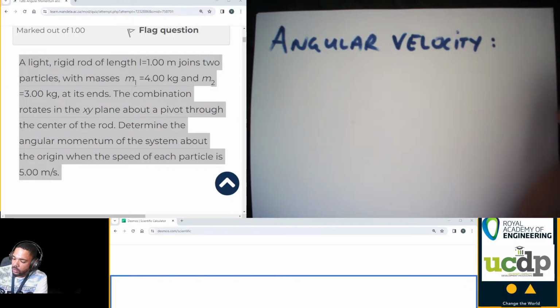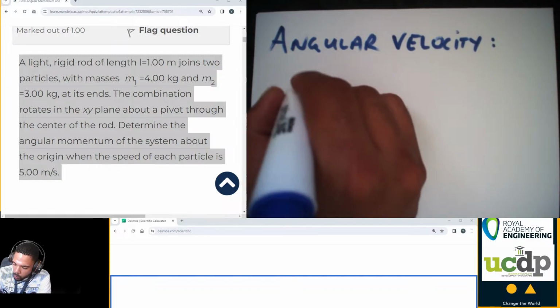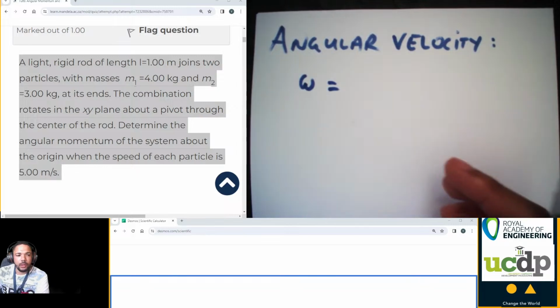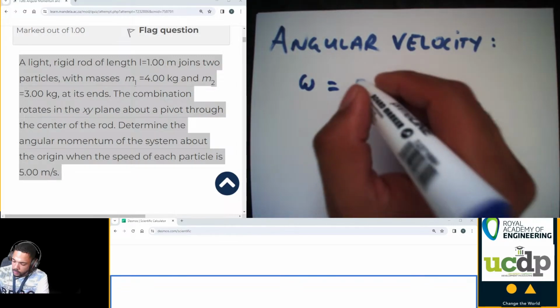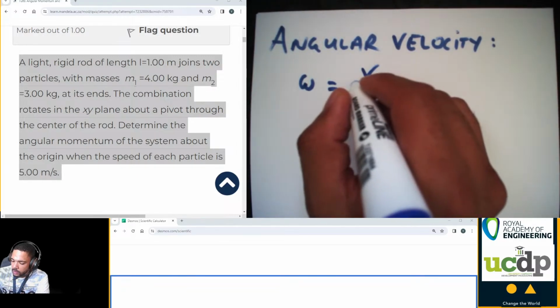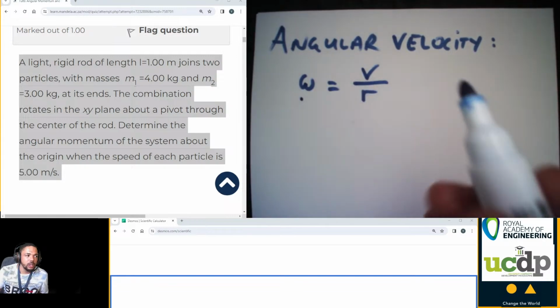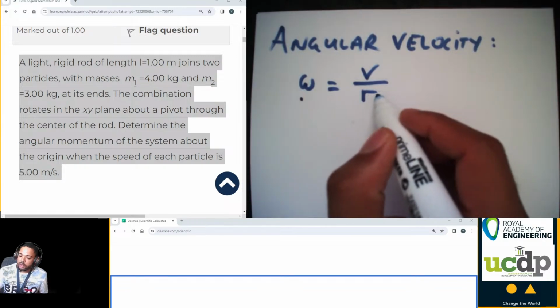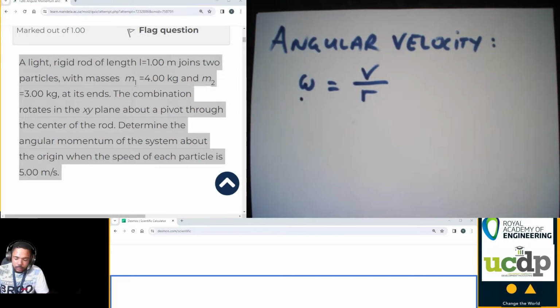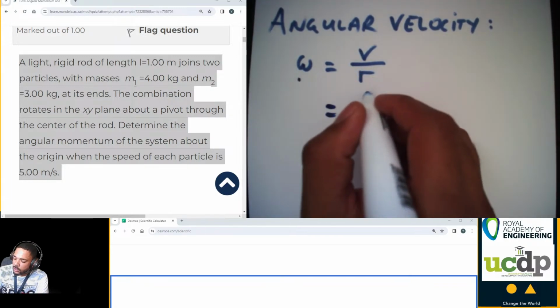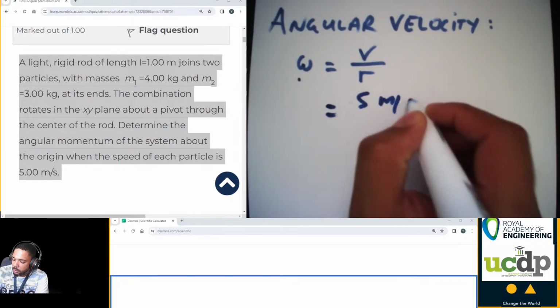In this case, angular velocity is equal to the linear velocity divided by the radius. Okay? So the linear velocity that they gave us is 5 meters per second.